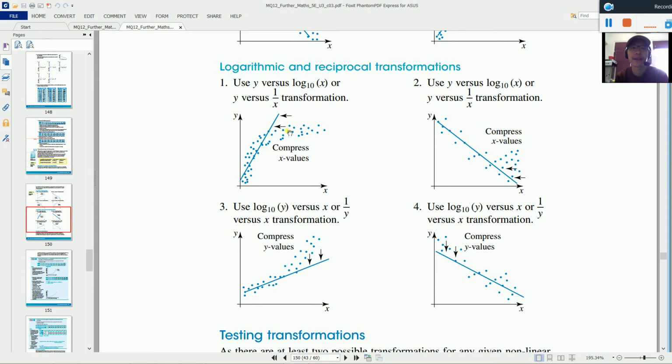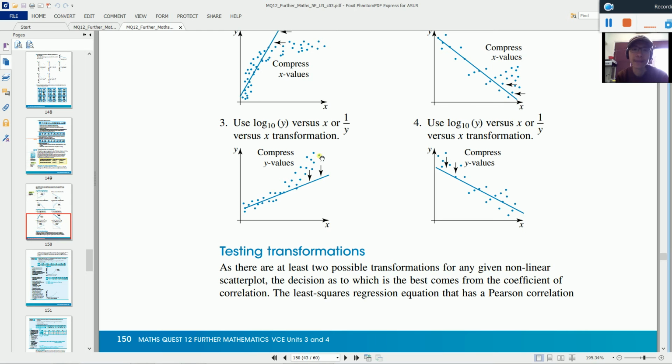And definitely if you make that 10 into 1/10, you make the value smaller. So both log and reciprocal do the action of compress. If you compress x, like this graph here, then log x or 1 over x would be your transformations. You can compress y, bring y down, which is log y or 1 over y.